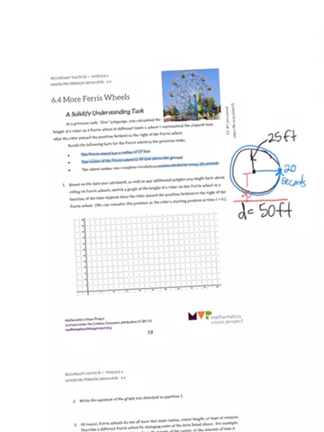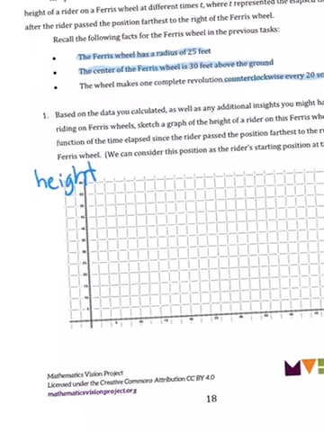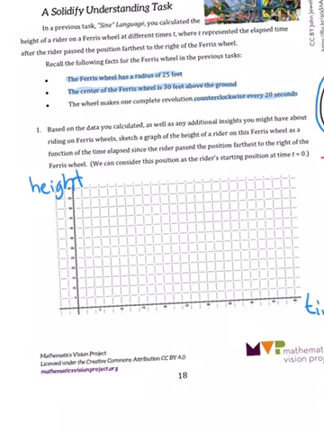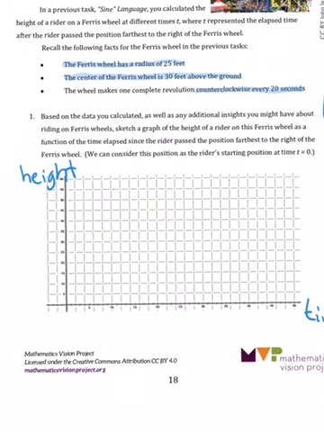So what we're going to do here is say, okay, this axis down here is our time, and the y-axis is representing our height. Right now we can see that the axis goes from 0 feet all the way up to 60 feet.